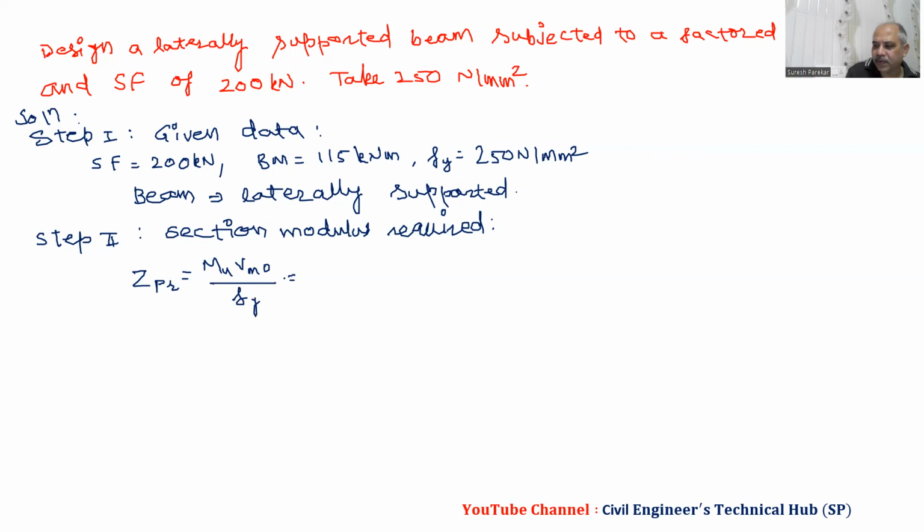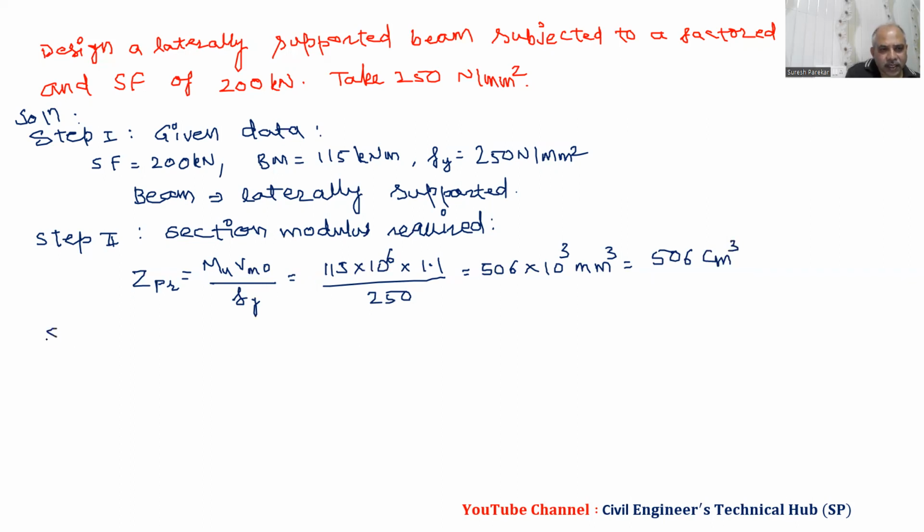Now Mu we have 115 into 10 raised to 6 multiplied by 1.1 divided by 250, and from this we will get the value 506 into 10 raised to 3 millimeter cube, equal to 506 centimeter cube.